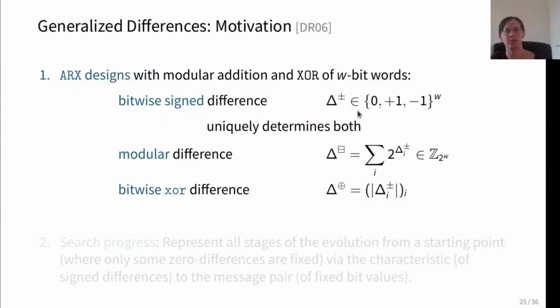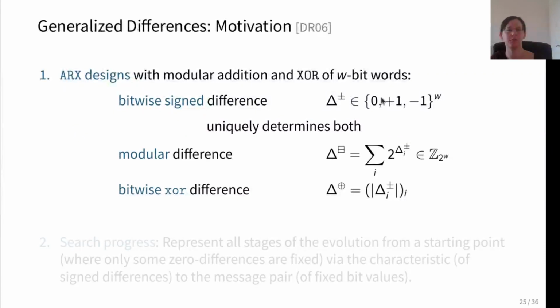And the reason why this is attractive is because if we fix a signed difference, this determines both the modular difference between the two words and the XOR difference. For the XOR difference, this is clear. A signed difference of 0 means an XOR difference of 0, and a signed difference of plus or minus 1 means an XOR difference of 1.